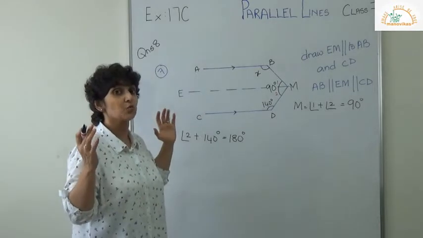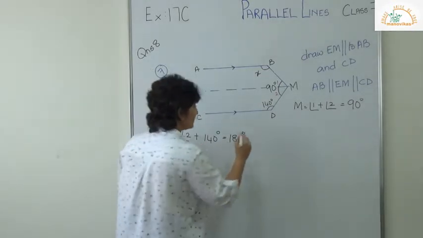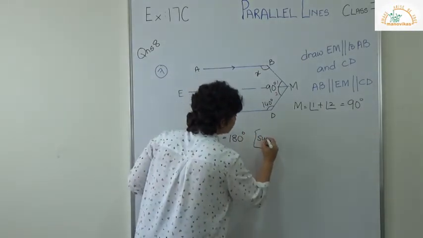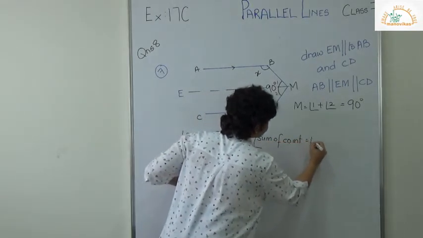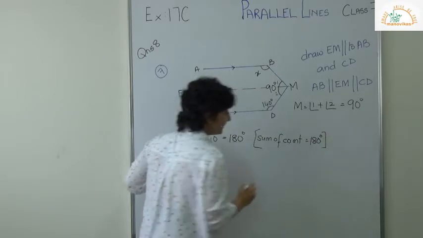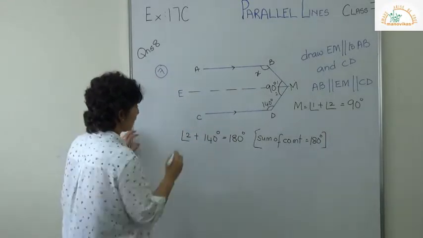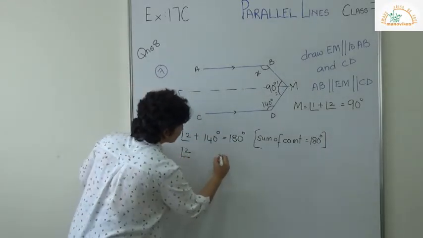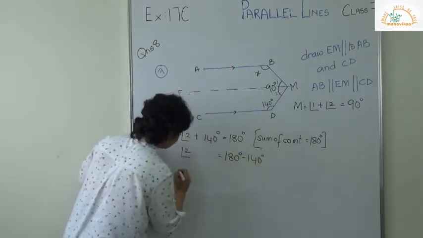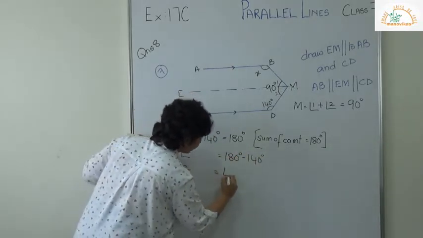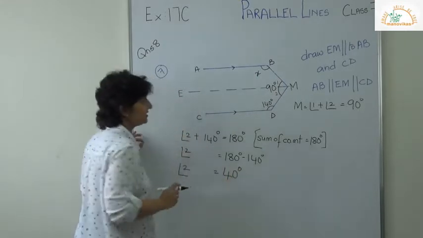This box means what? Co-interior angles. And you know the sum of your co-interior angles is equal to 180 degrees. Isn't it? Alright, so angle 2 is equal to 180 degrees minus 140 degrees. So angle 2 is 40 degrees.